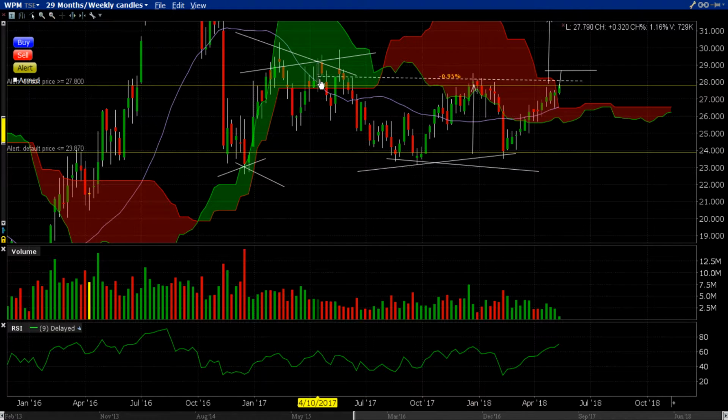So that's our breakout line. It's at the 28 level, 28.10. Hopefully we get a close on the weekly above 28.10, and on the monthly a close above that. Double whammy confirmation on both trends, on both time frames.